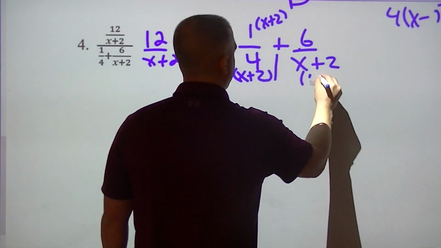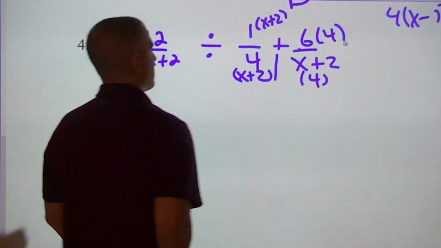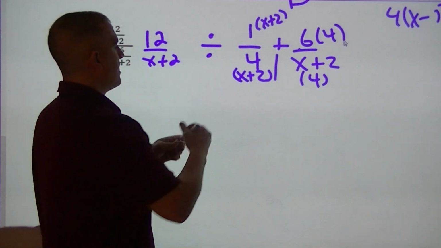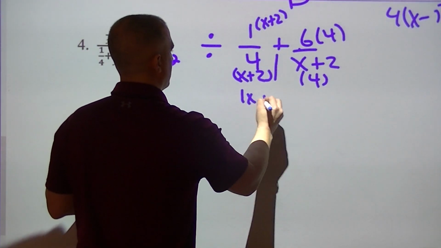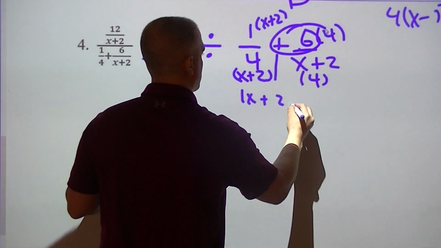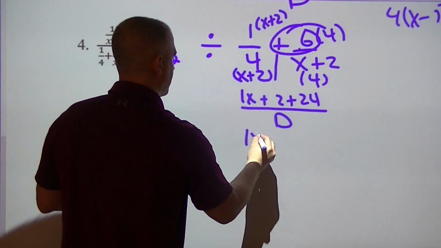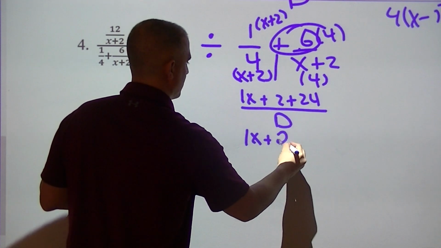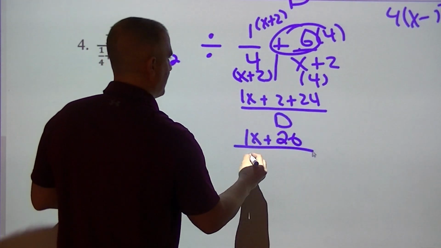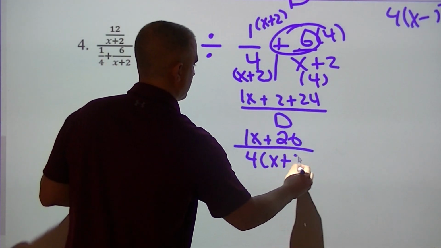This side is missing a 4. Okay? So that's going to be 1x plus 2. Positive 6 times 4 is 24, all over my common denominator. The only things that combine there are the 2 and the 24, which will give me 26. And the common denominator is 4 over x plus 2.